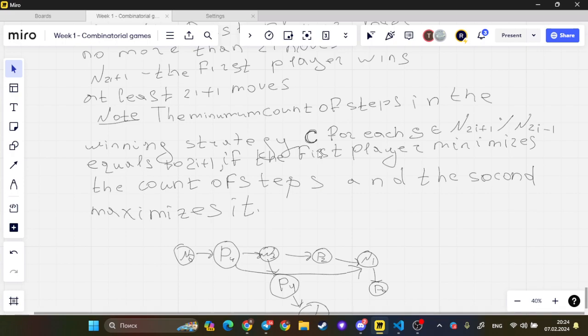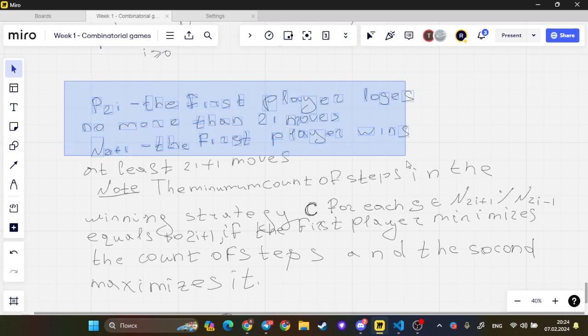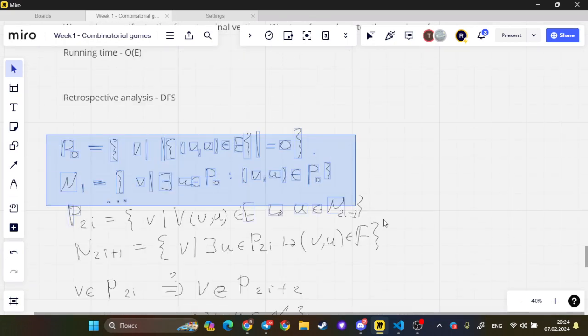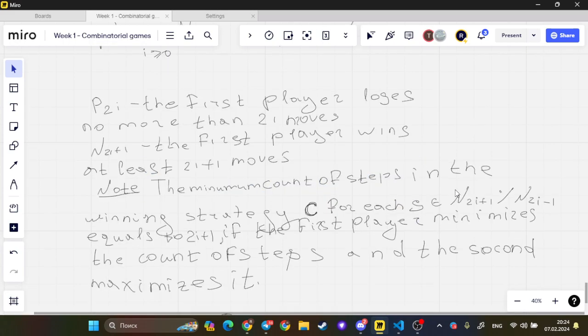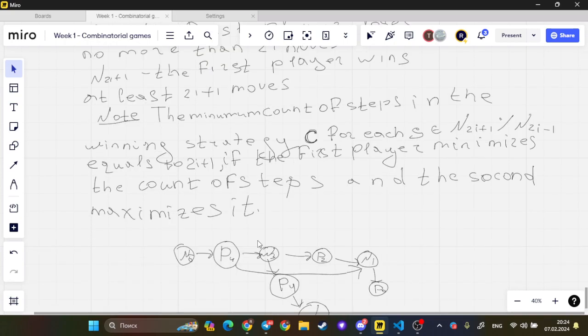So notice that we get this and this. We just defined it like this, and then we notice that we can define it like this, and then the minimum count of steps in the winning strategy for each vertex that is defined, only the last level, equals 2E plus 1 if the first player minimizes the count of steps and the second player maximizes it.